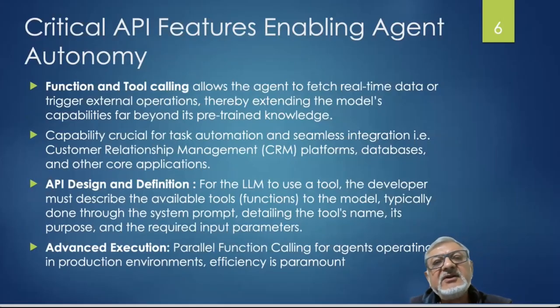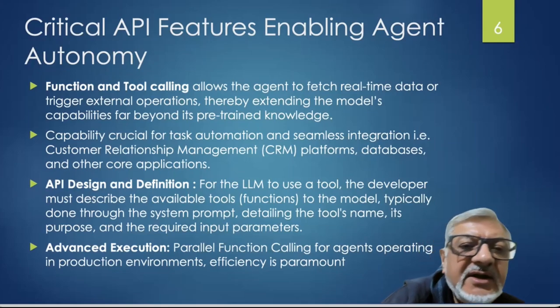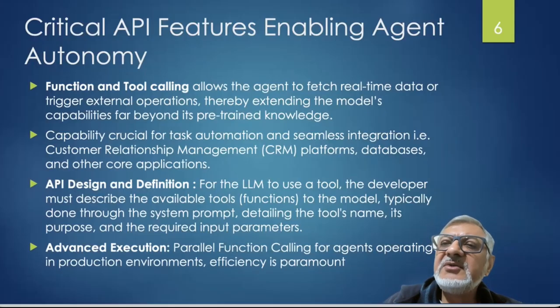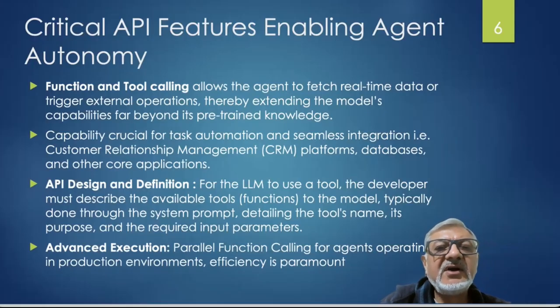Those calling facilities should be available in the API. Thereby it can extend the LLM model's capability beyond its pre-trained knowledge. This capability of calling various functions and tools is very crucial for task automation. So seamless integration is possible.